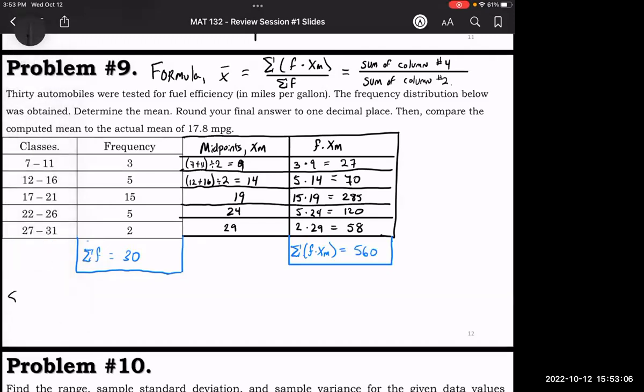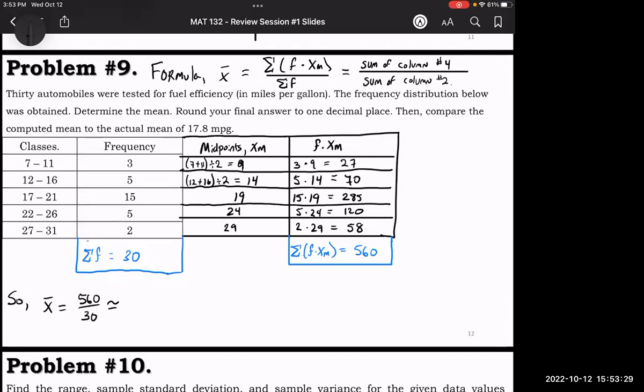So what we're going to say is that x bar, now look at the formula above, is column 4 divided by column 2. So if you take 560 divided by 30, you have to make sure that you round this to 1 decimal place.